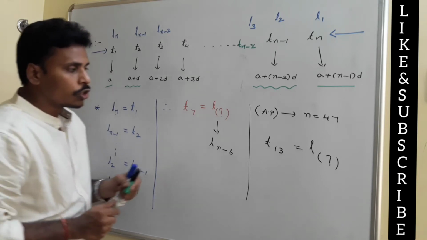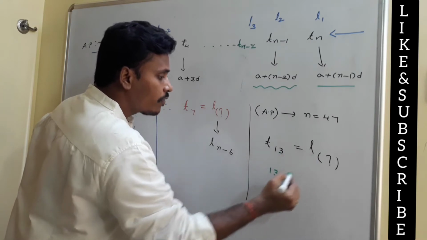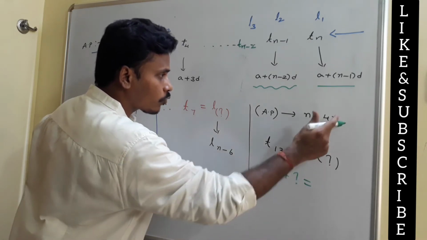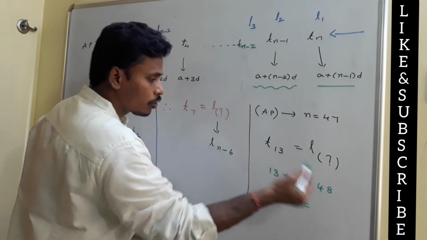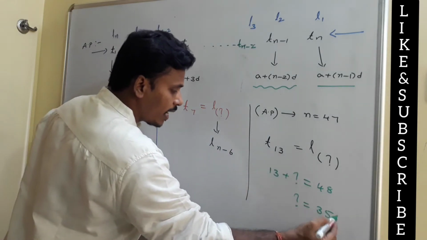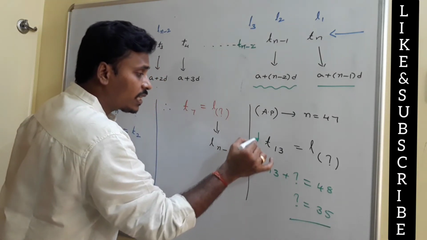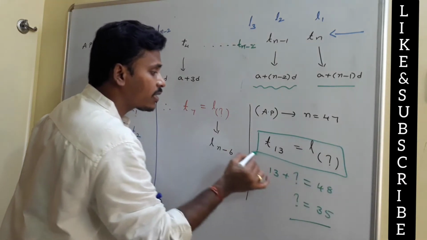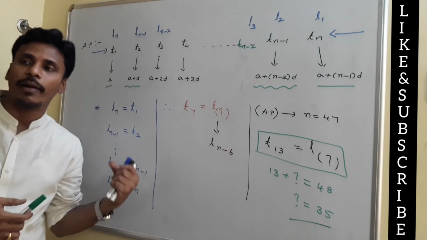Your task is to find the question mark. As per our discussion, the sum of these suffixes is equal to n plus 1, which is 48. Just do the subtraction, you get 35. That represents that the 13th term from the start of this arithmetic sequence is equal to the 35th term from the end of this arithmetic sequence.